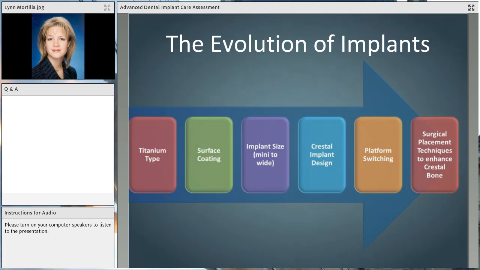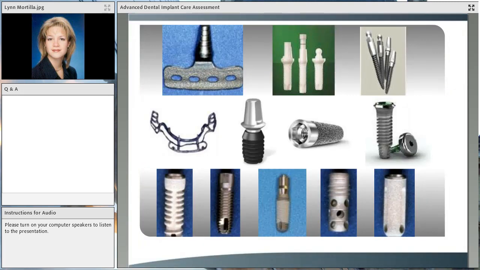They're looking at the aesthetics. They're looking at the way they look and feel, and they're very motivated to be sure that we're giving them what they want as a patient. So we're focusing our techniques to make sure that it's a success all around, not only from the clinical standpoint, but from the patient standpoint as well.